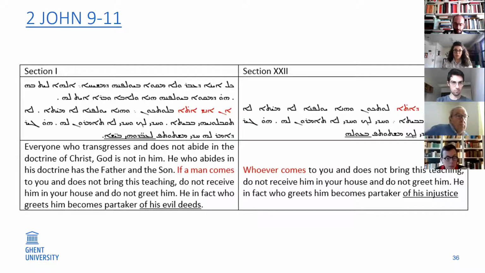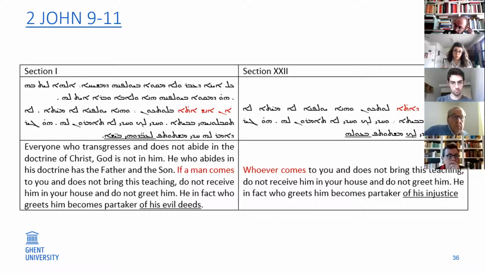Here is a comparison of the two sections of the passage of John. You can see easily that the beginning is a bit different, and the ending is different. But for the rest, the quotation is the same. Because section 1, the one that was combined with Socrates, said, becomes partaker of his evil deeds, while this section is becomes partaker of his injustice.